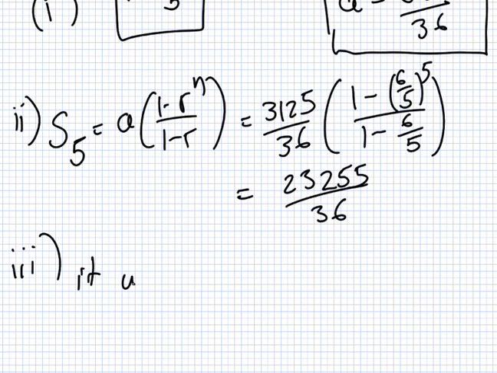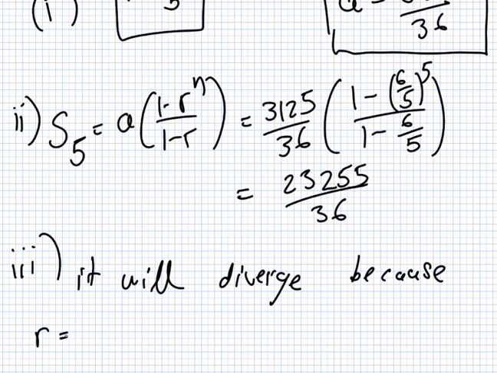It will diverge because r equals 6 over 5, which is bigger than 1. In fact, if it was 5 over 6, it would converge, because it's shrinking instead of growing.